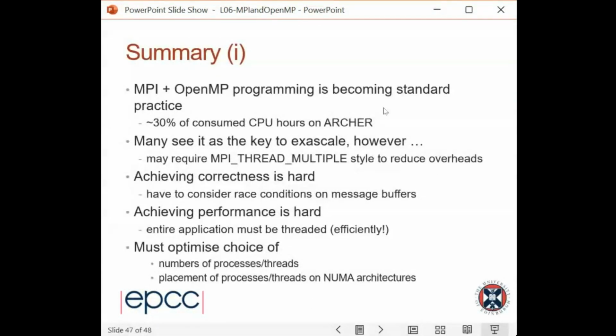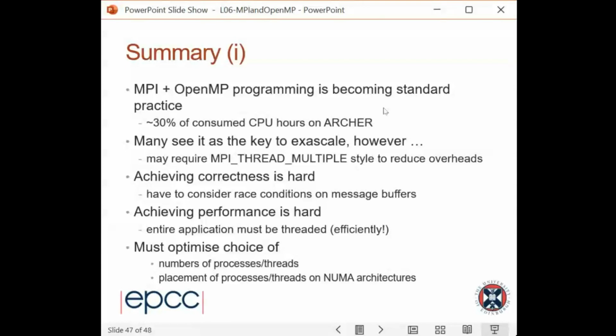So the summary is MPI and OpenMP is becoming standard practice. We did a study on ARCHER, the predecessor of ARCHER2, and 30% of the CPU hours were consumed by programs which had the MPI+OpenMP capability. Whether people were using it, I don't know, but 30% of the cycles were utilized by applications that had this possibility.